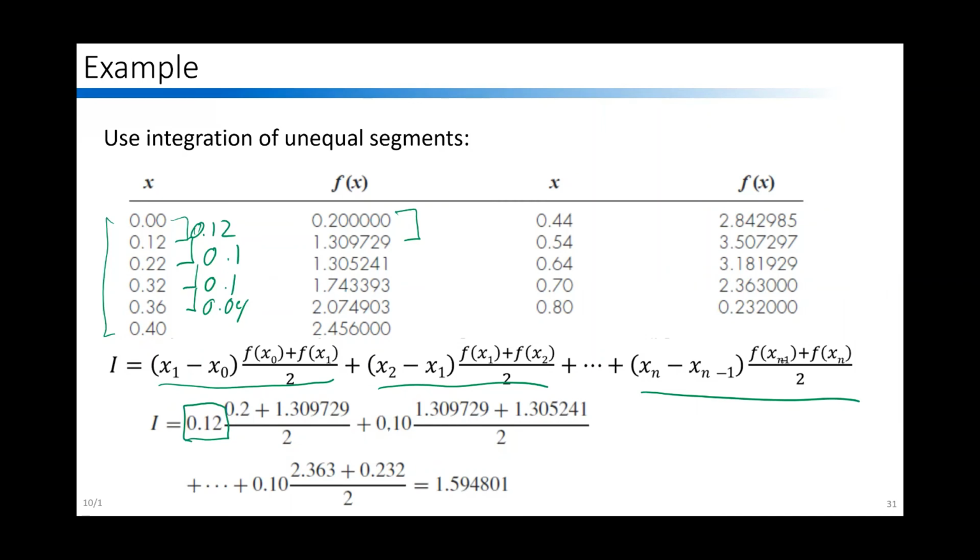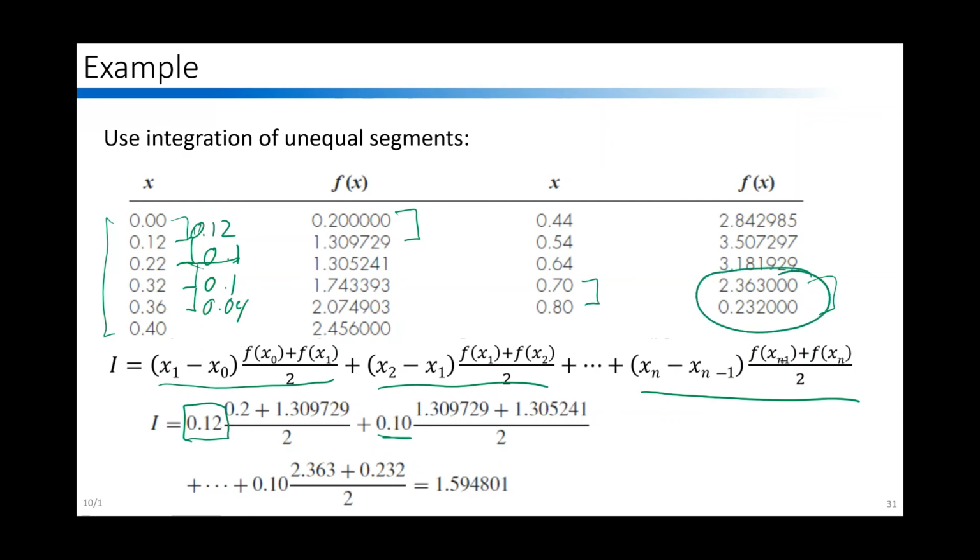Then I can take the second piece. So in this case, my x2 minus x1 is 0.1, as pointed out over here, times the function value, so 1.309 plus 1.305 over 2. And I can do this again and again and again until I get to the final 2 points. The distance, or the xn minus xn minus 1 is 0.8 minus 0.7, which is 0.1.